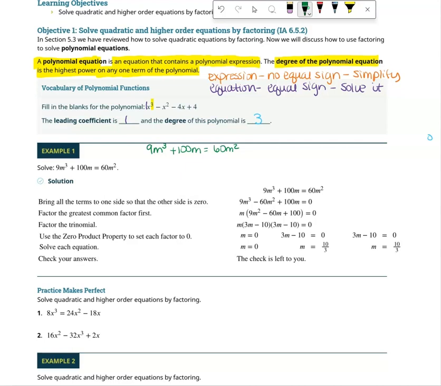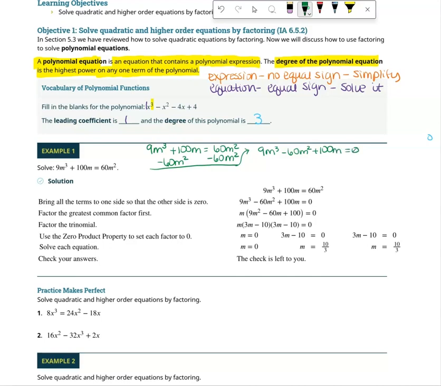To move it over, we subtract it, because it's positive here. If we subtract it on this side, we also subtract it on the other. I'm going to move this up here so we have more space. So this is going to be 9m cubed minus 60m squared plus 100m equals 0.